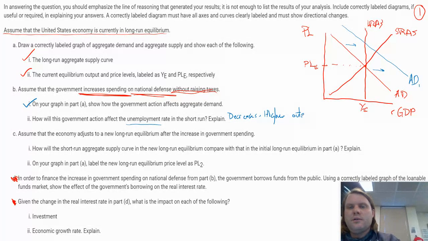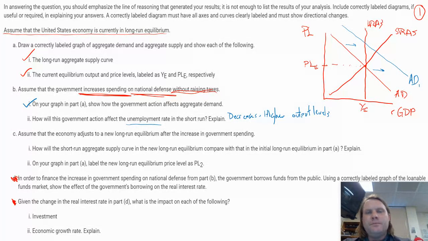You may be a little more wordy than me on those. I'm trying to limit how much I write with my bad handwriting on my screen. But we know that higher output levels lead to higher employment percentages, so unemployment decreases. Make sure you're saying your words in the correct order. Sometimes that's how people get tripped up.